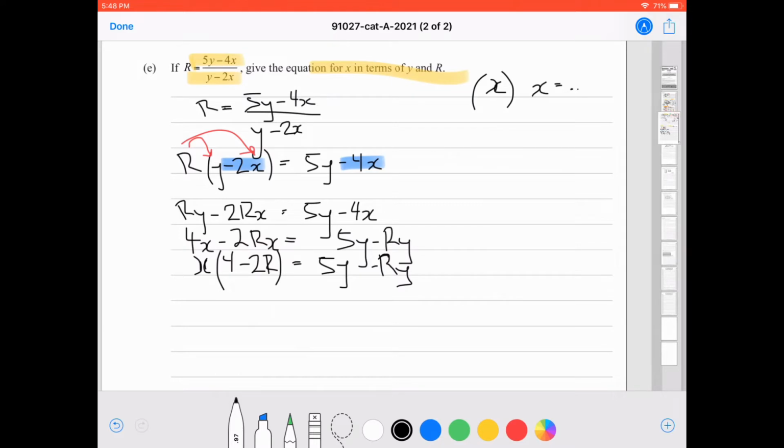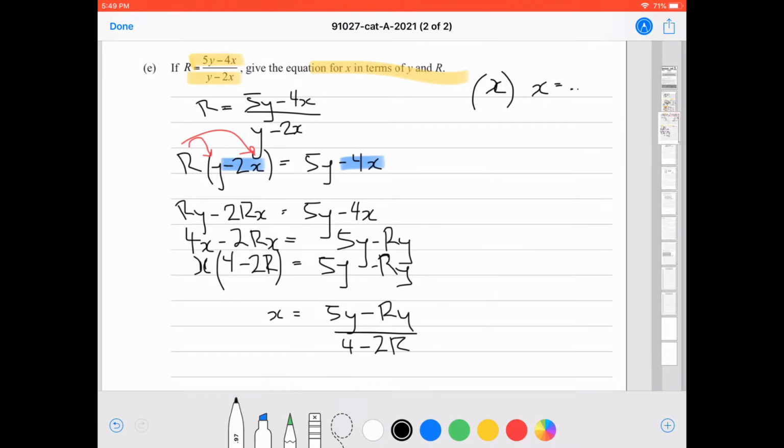Okay, we're trying to get x by itself. We're going to say x equals, and we're going to divide by 4 minus 2r on both sides. Okay, and with that, we have successfully rearranged. We've given our equation for x in terms of y and r.